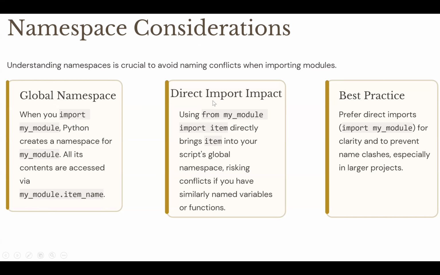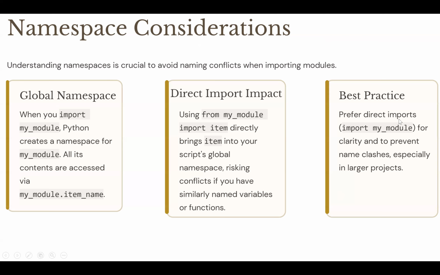Next, direct import impact. If you import directly, what is the impact here? Using from my module import item directly brings item into your global namespace. Here there is a risk of conflicts if you have similar names or variables in other modules also. So what is the best practice here?